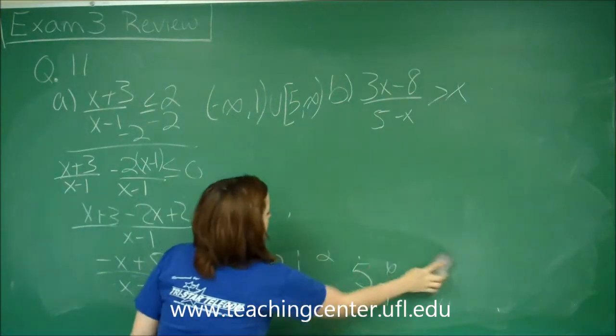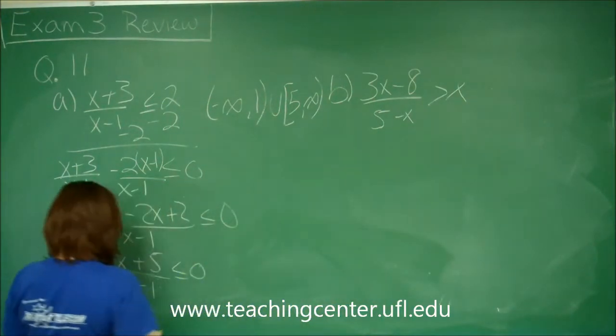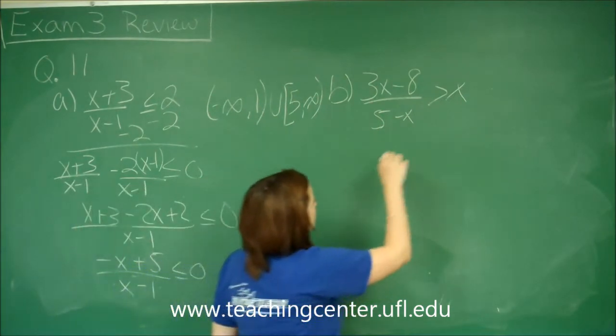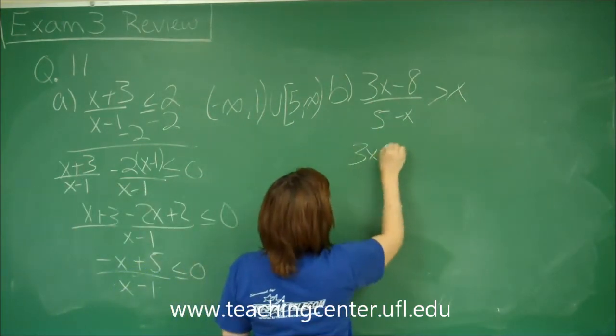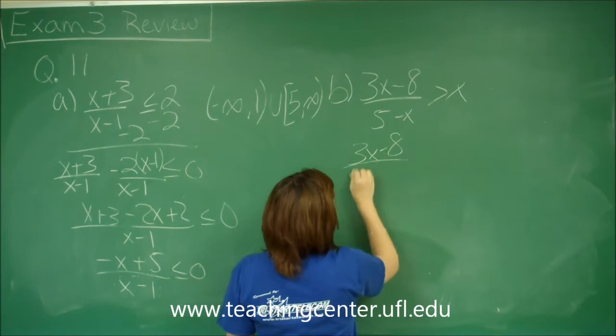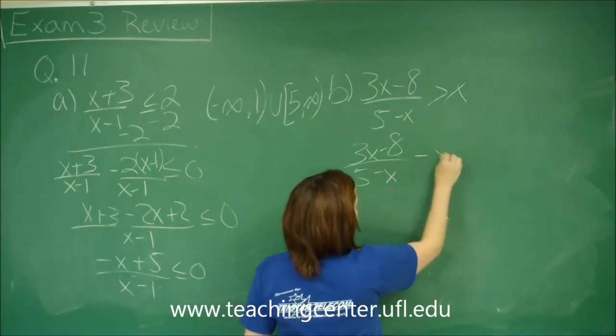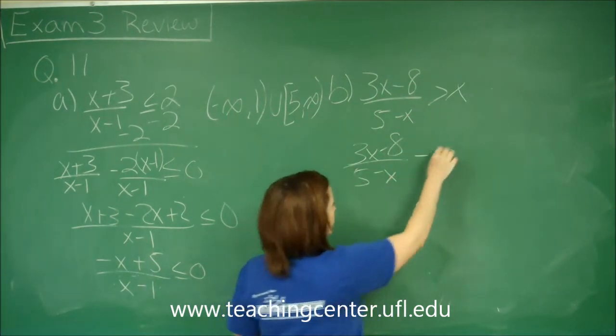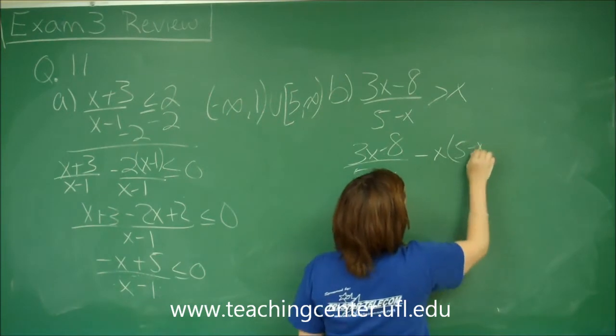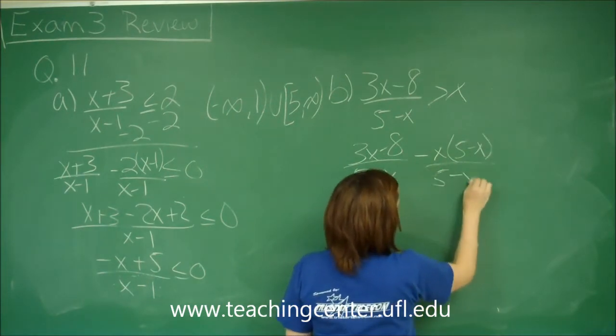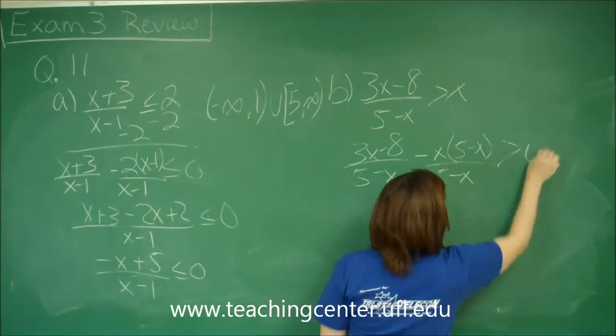So then we're going to repeat those same steps for part B. In part B, we're going to subtract x, so we get (3x - 8) all over 5 - x, and then we're going to find a common denominator, so multiply that by 5 - x on the top and the bottom. That's going to be greater than 0.